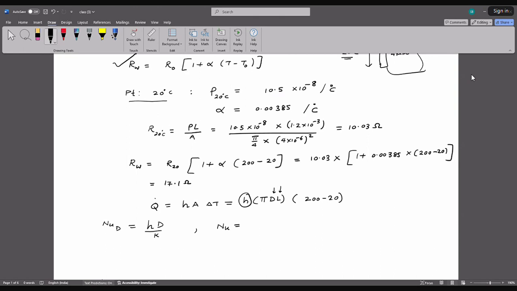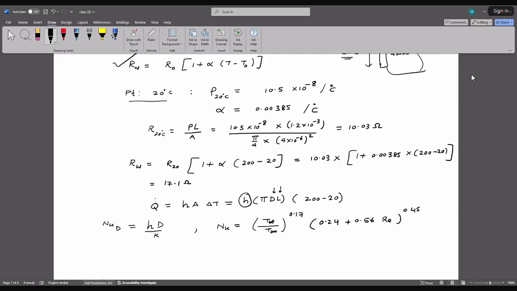The Nusselt number happens to be the temperature of the wire divided by the temperature of the ambient, to the power 0.17, into 0.24 plus 0.56 into the Reynolds number to the power 0.45.